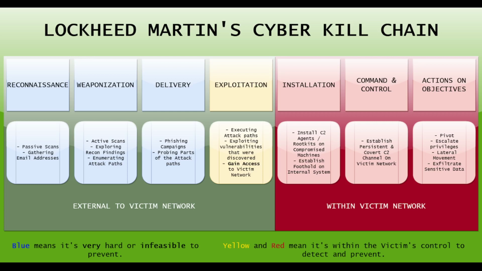I just picked it because it's a good overview, and most of the alternative kill chains out there follow something similar, but this one's pretty boiled down. And it's easy to apply to the different kinds of attacks that are out there. So essentially, the attacker will select their target.